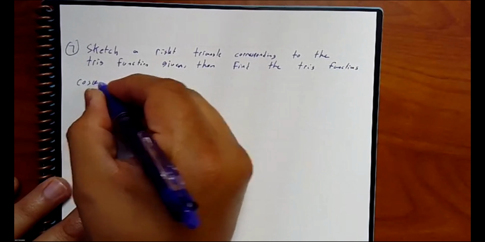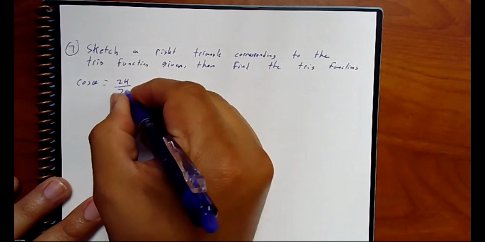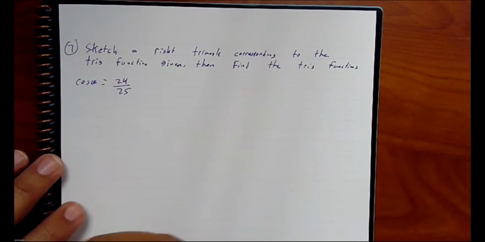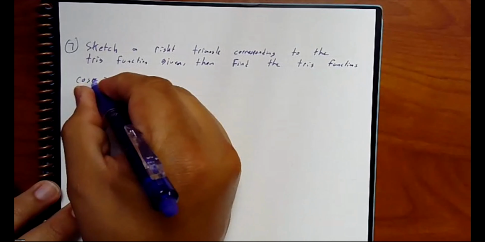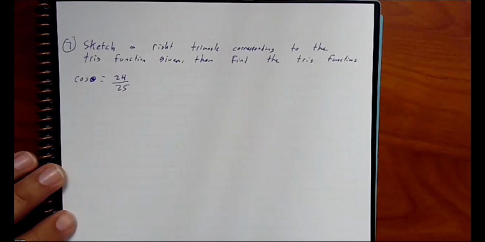So cosine theta is equal to 24 over 25. So knowing that, build your triangle and find the rest. That's what we've got to do.